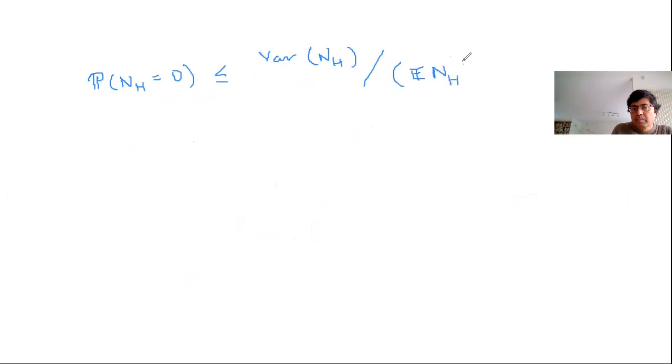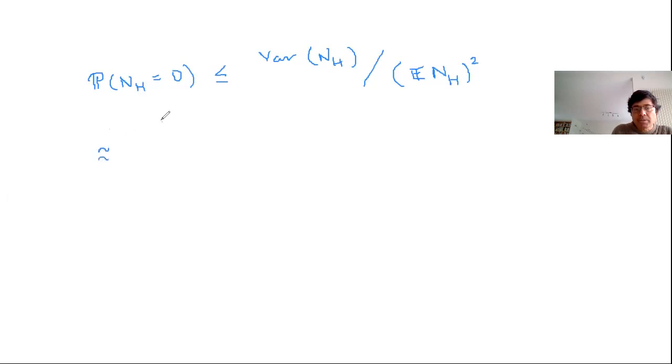Okay, so we have that the probability that there are no copies of H in GNP is bounded above by the variance of NH divided by the squared mean of NH. We've calculated the mean and the variance approximately, so let's use that.